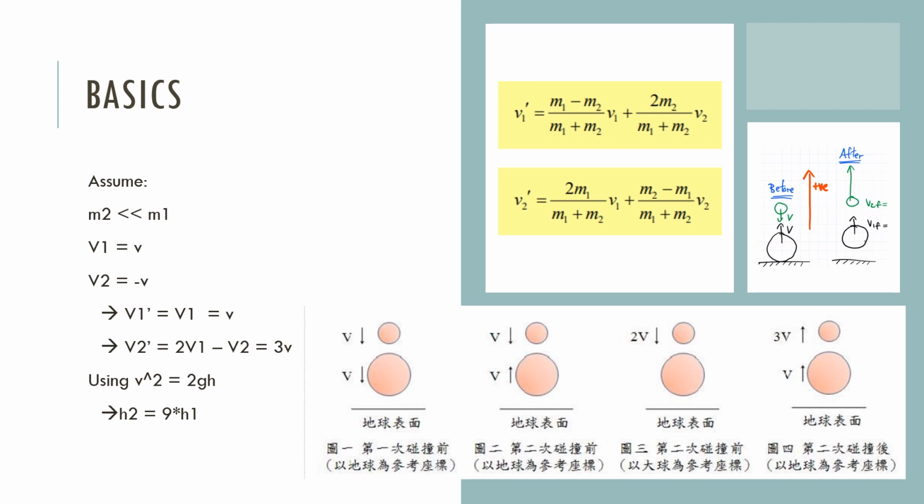And then using the physics equation that velocity squared equals 2 times gravity times height, we can get the conclusion that the height of the second ball will be 9 times the height of the first ball.